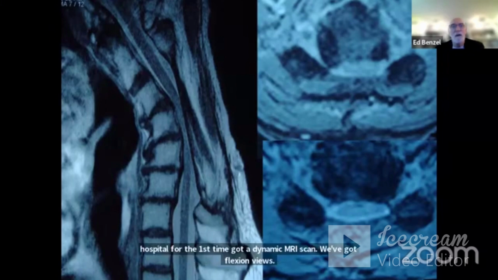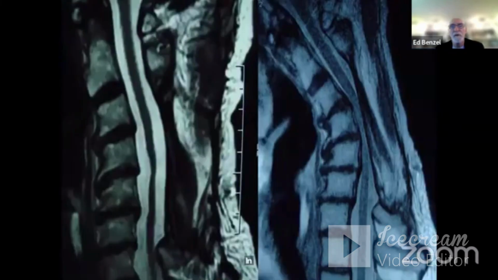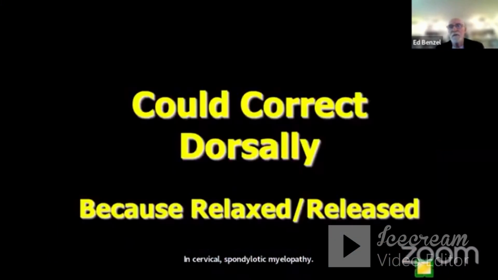This area here is probably a cervical post-laminectomy band, if you will, but regardless, his spinal cord was compressed substantially in the flexed position, thus illustrating the point that repetitive trauma plays a major role in cervical spondylotic myelopathy. Neutral position and a flexed position.